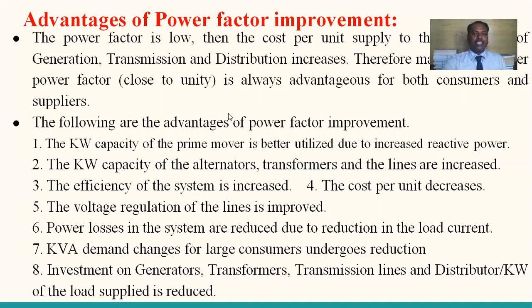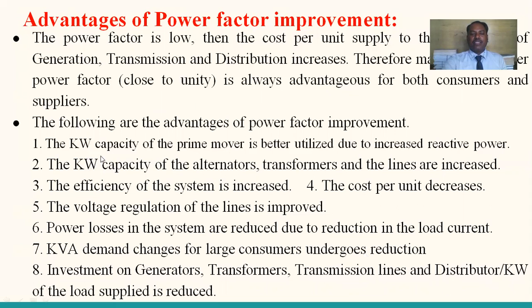So you see here, the power factor and load current are inversely proportional to each other. The power factor is to be maintained close to unity, so obviously the load current is reduced. This reduced current increases the kilowatt capacity of the system.